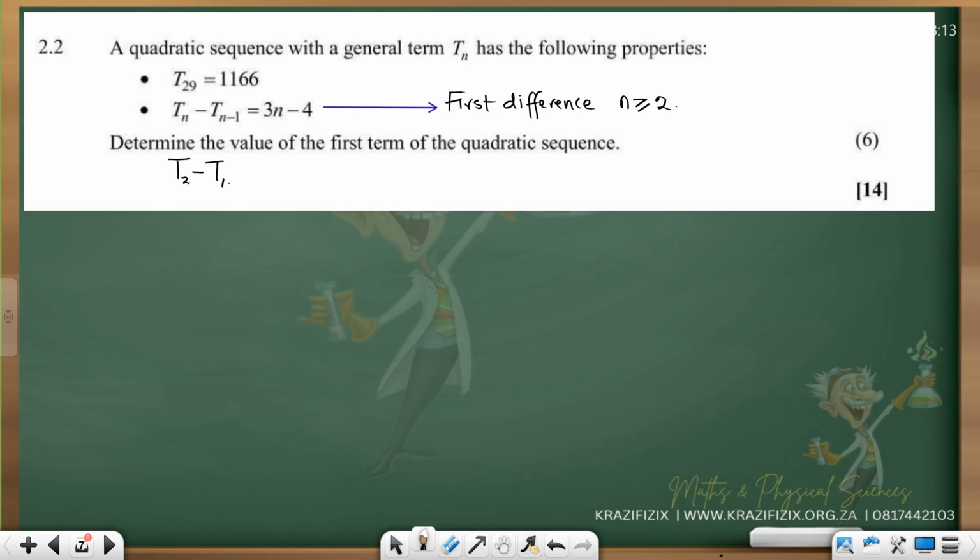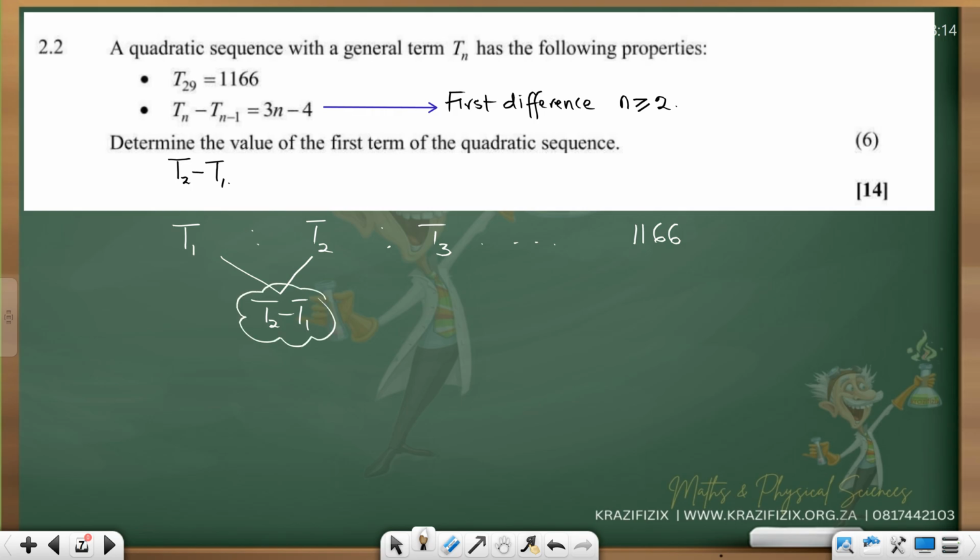Because basically, this is what we are looking at. We have T1, we have T2, we have T3, and this pattern continues to T29, which is 1166. Now, your first difference, what would you have said? T2. Do you notice I'm getting exactly what I wrote up there? And I could only get that when n equals to what? 2.